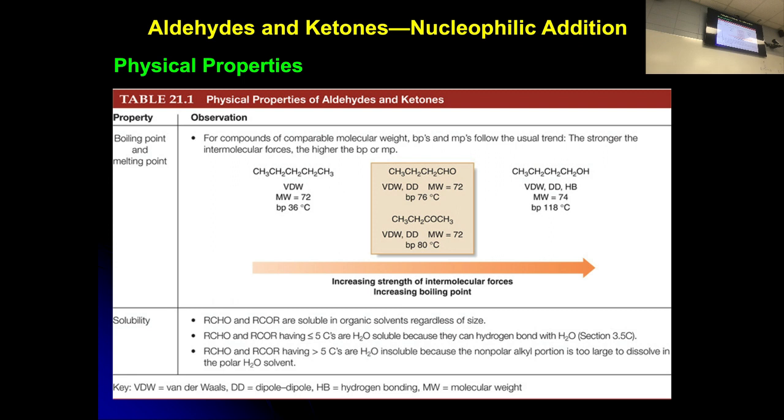And aldehydes and ketones follow our 5-carbon rule. Okay, so if there are 5 or fewer carbons for every aldehyde or ketone functional group, it'll be soluble in water. Acetone, soluble in water. Take your nail polish off, you don't worry about trying to rinse it off in the sink because it's water soluble. It goes down, right?